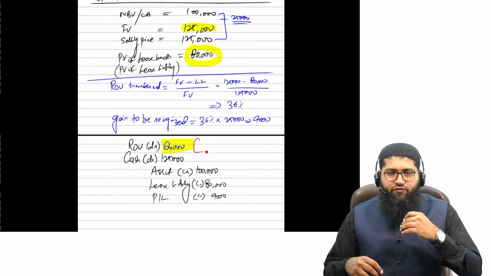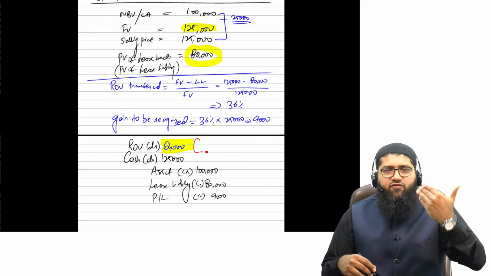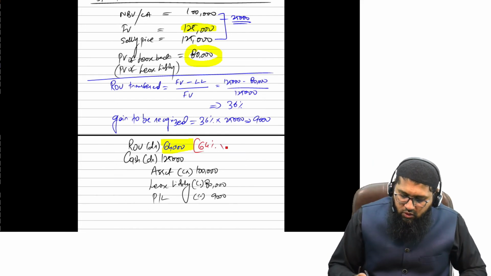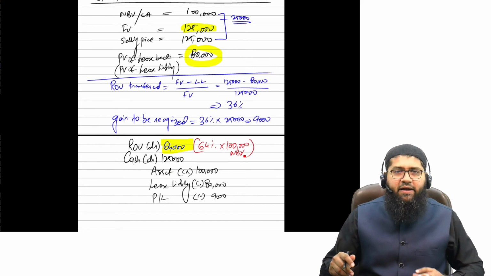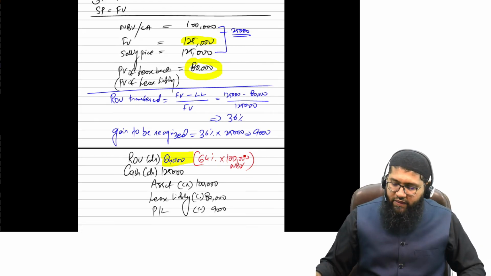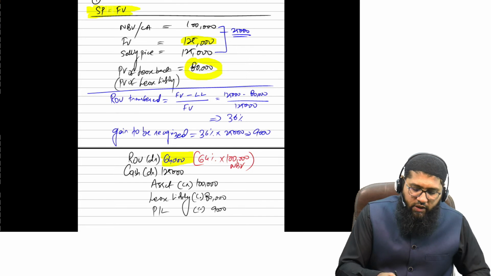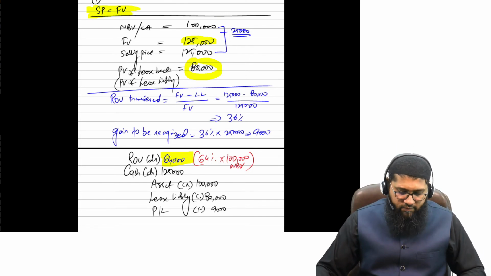You have transferred 36%, so you have retained 64%. So you could say 64% multiplied by the existing net book value of 100,000, and you will get this amount. So that was one case where the selling price equals the fair value.